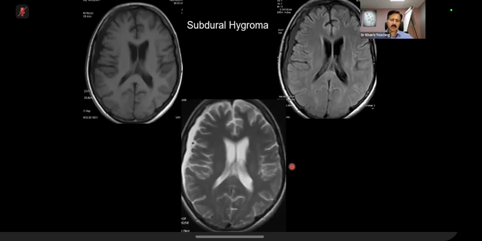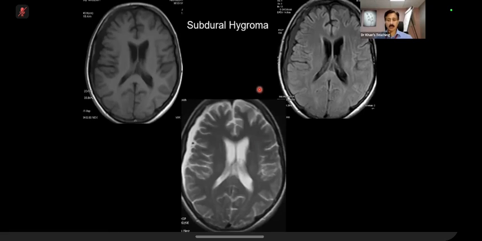And with that, the concept of subdural hygroma. When there is a chronic subdural hematoma, if it is very ancient, very old, it might become like fluid density on a CT scan. On an MR, it can be fluid intensity, just like CSF. This type of hygroma, you will usually see in the old age group or in children.